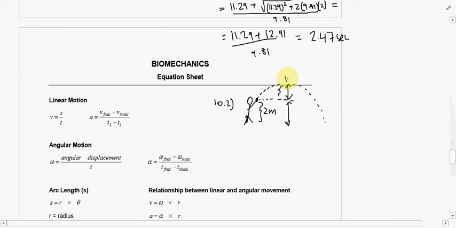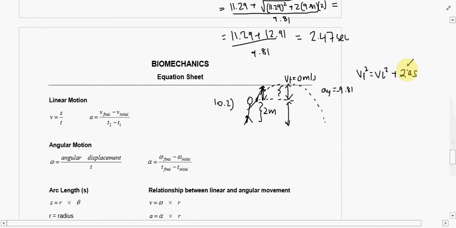So remember, here at the top I have my final velocity being 0 meters per second. I have some release velocity, but I'm just looking at the vertical component, and I have acceleration in the y direction being 9.81, a negative value. So one of your uniform accelerated motion equations is Vf squared is equal to Vi squared plus 2as, right?